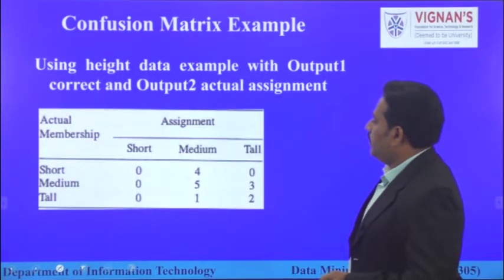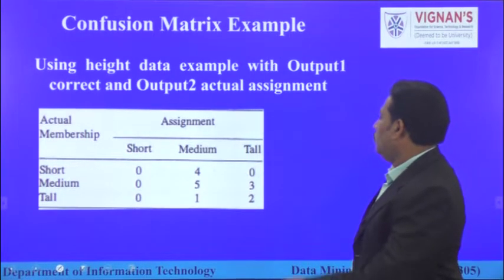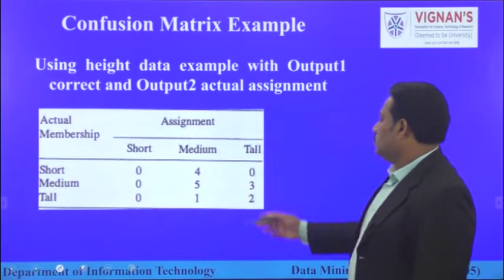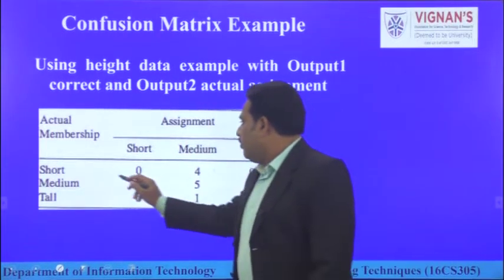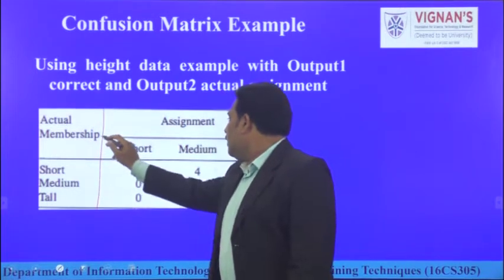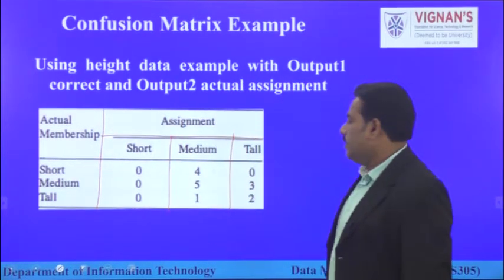And the confusion matrix. If we look carefully at the height data example, with the output compared to the actual assignment, these are the confusion matrix. Now look carefully here. When we compare actual data with the assigned data, we have three class labels: short, medium and tall.